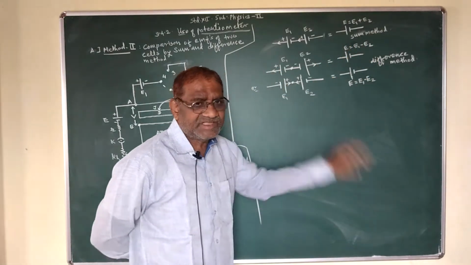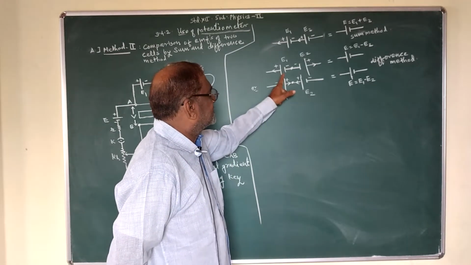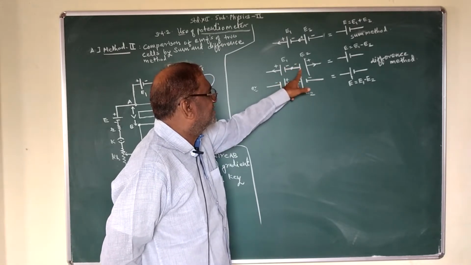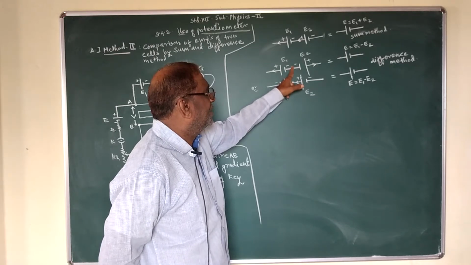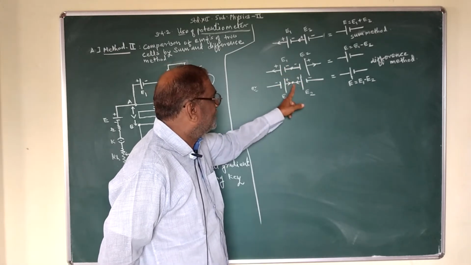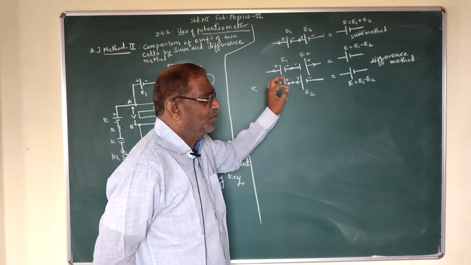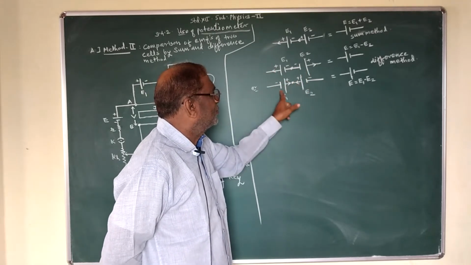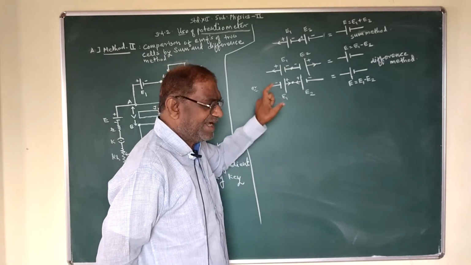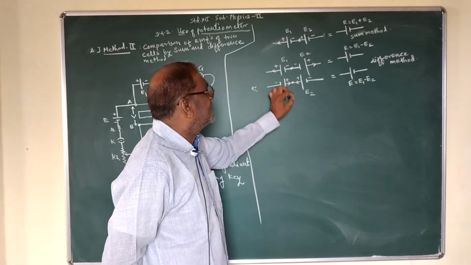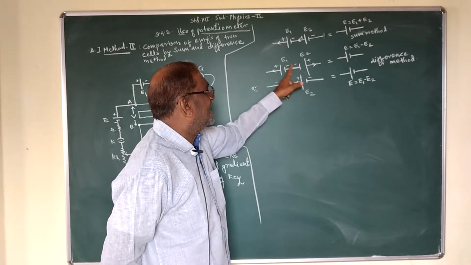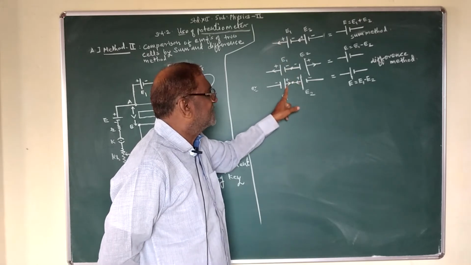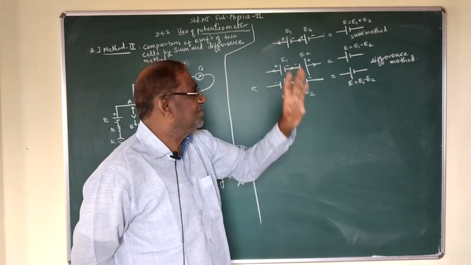In the difference method, these two cells are connected together such that the negative terminals of both the cells are connected to a single point, or the positive terminals of both the cells are connected to a single point.